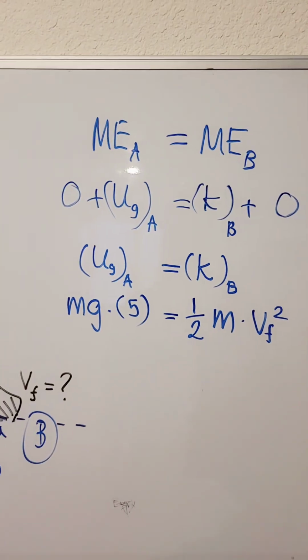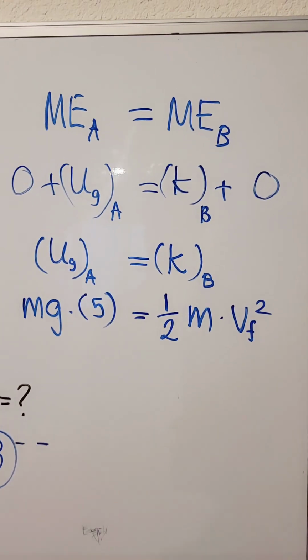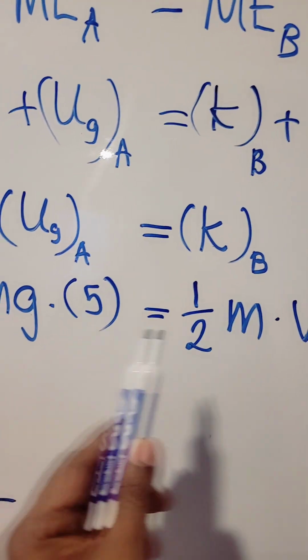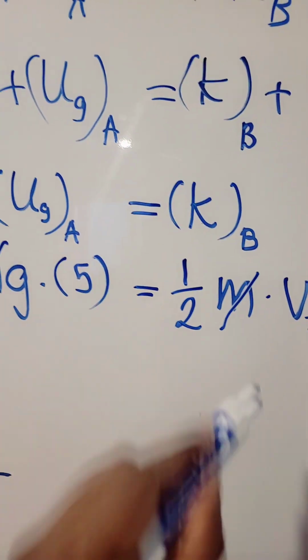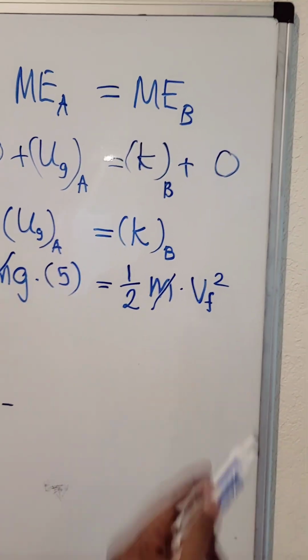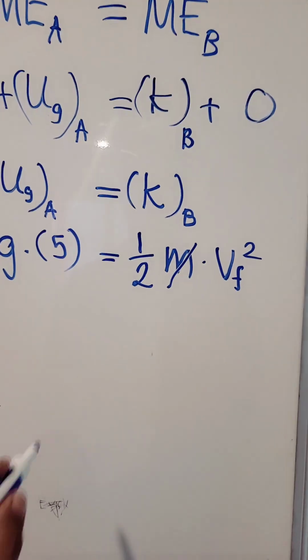We are almost there, guys. Now look, m and m cancel out. Can you see there's an m on both sides? They cancel out. What we need is v final, so I'm going to solve for v final.